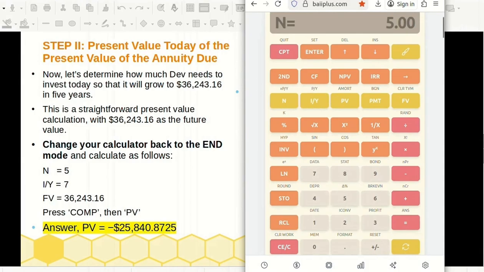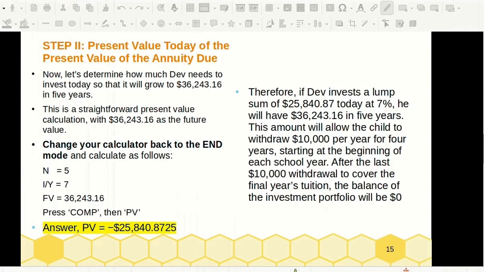Okay, 5 is your N, rate of return is 7, your future value is 36,243.16. Now compute the present value. Yes. So $25,840.87.